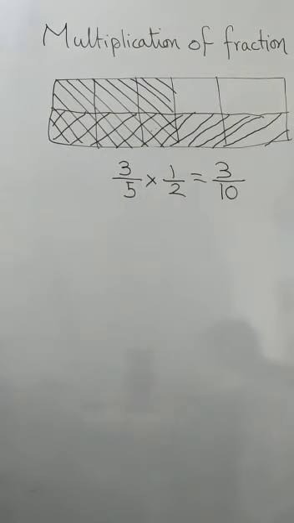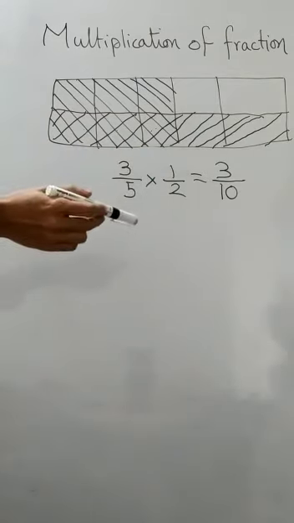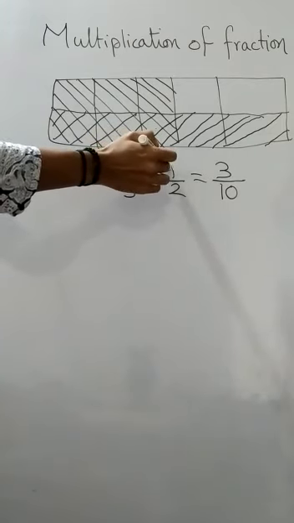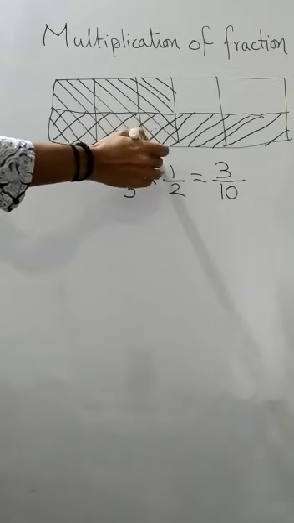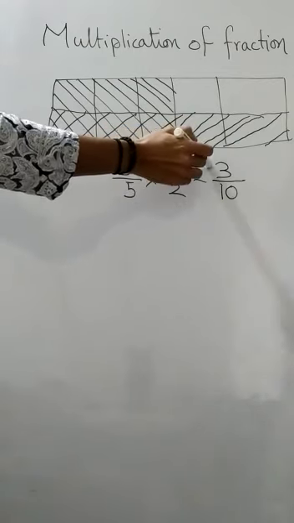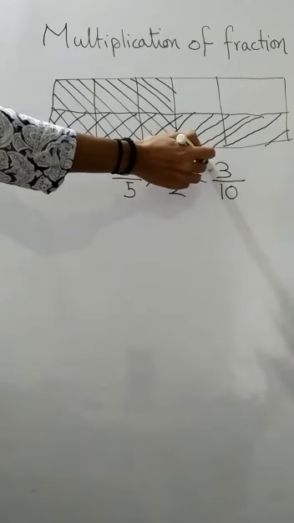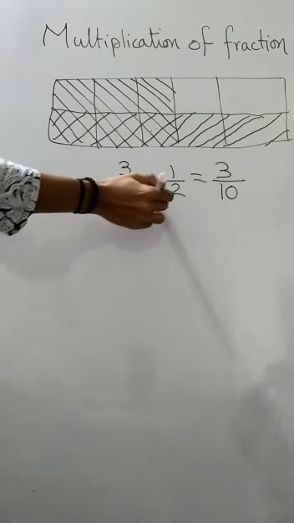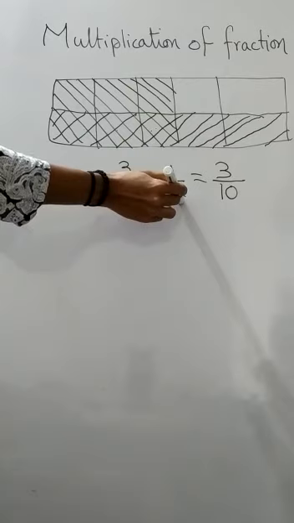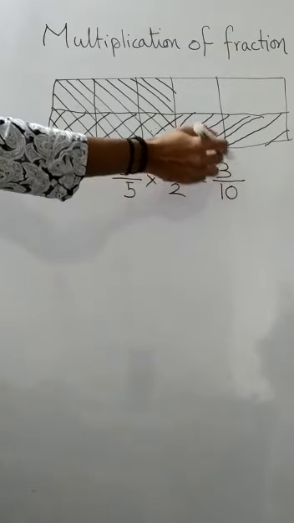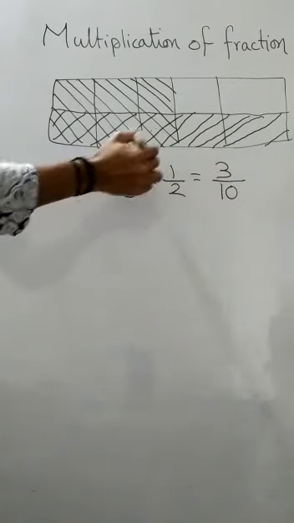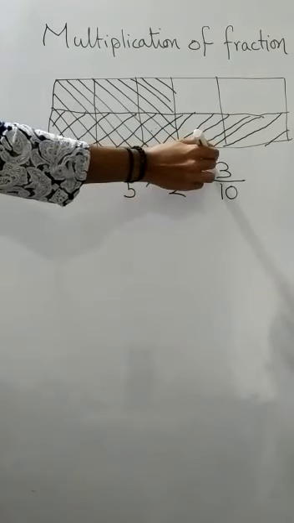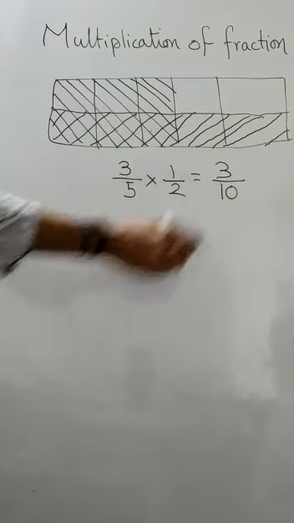So when you are given 2 fractions, you multiply the numerators and the denominators. The answer you get from multiplying the 2 numerators will be the numerator of the answer. And 5 into 2, the multiplication of the denominators, will be the denominator. So the multiplication of the numerators will be the numerator and the multiplication of the denominators will be the denominator.